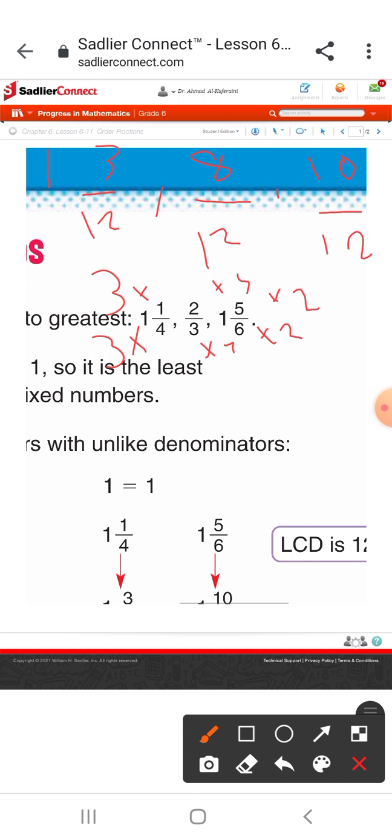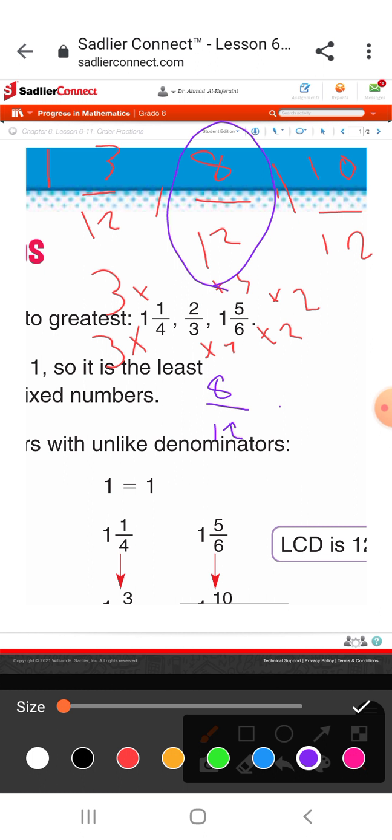So from least to greatest, it's so clear that this one, which is 8 out of 12, is the least. So we write here 8 out of 12. This one is the least. Now let's go to the next one. We have 1 and 3 out of 12, and 1 and 10 out of 12.